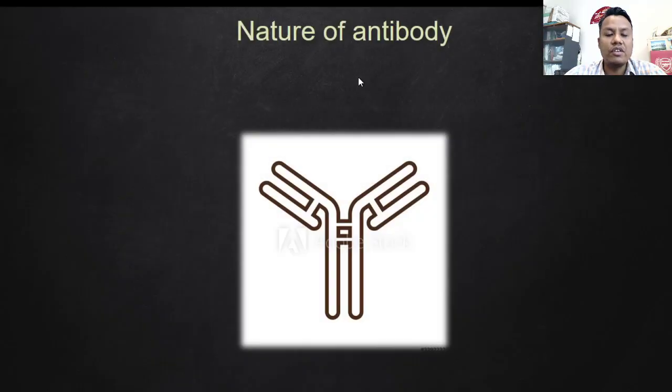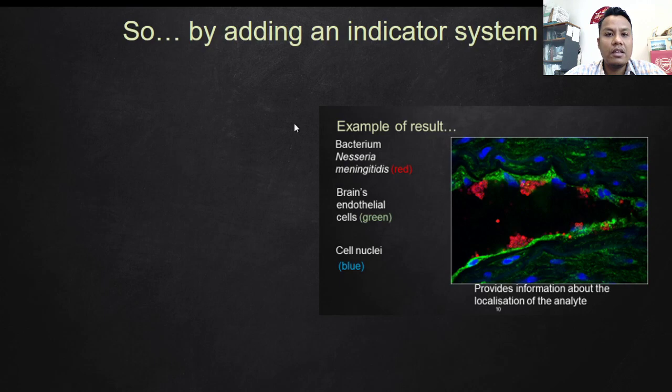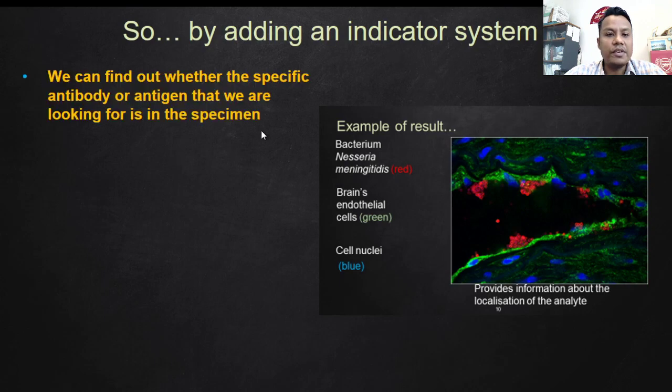And of course, based on the nature of antibody, which has very good specificity and sensitivity, by adding an indicator system, we can find out whether the specific antibody or antigen that we are looking for is in the specimen. As an example, I put here specimen type, brain tissue.